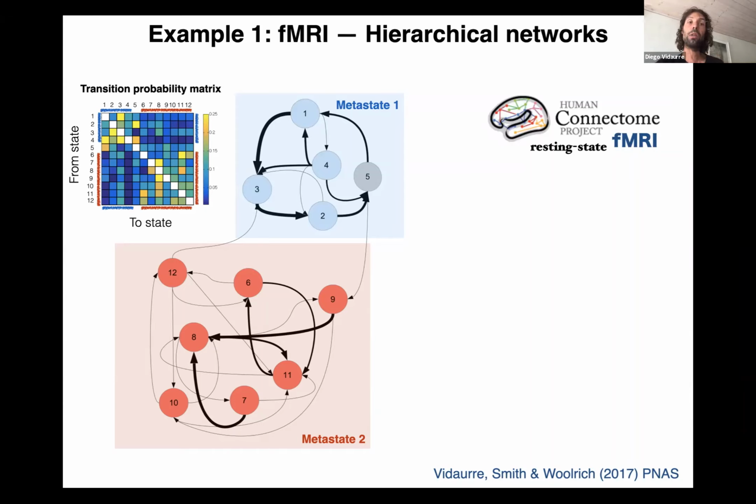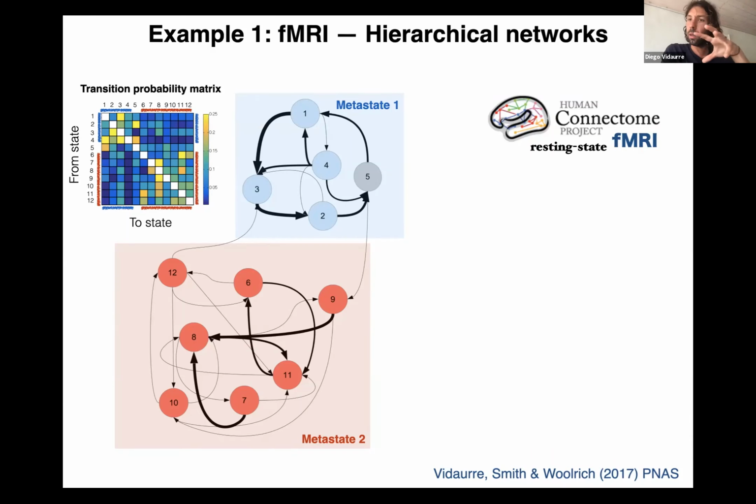There has been a lot of research in the fMRI community in studying the spatial properties of these networks: how these networks differ between them, how these networks change in a clinical population, and so on and so forth.